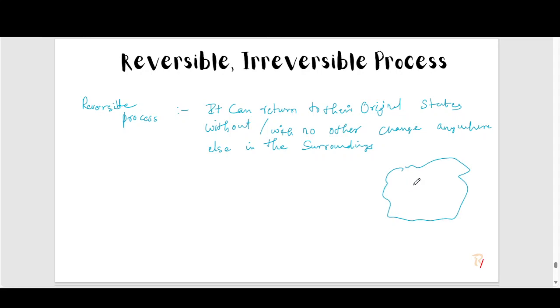Let me take a system and surroundings here. System plus surroundings is known as the universe in thermodynamics.